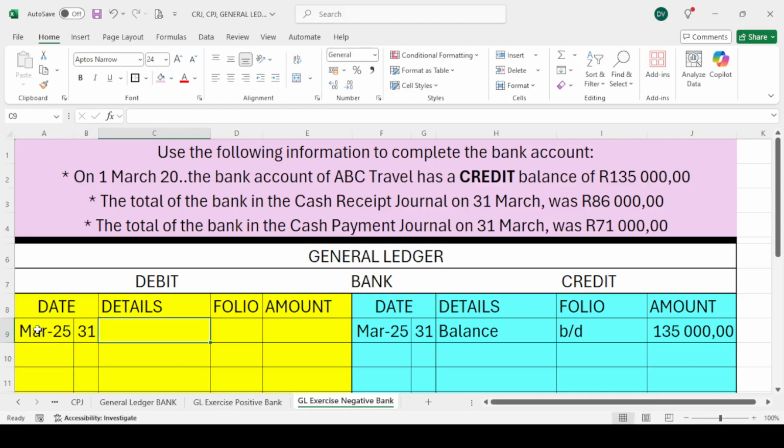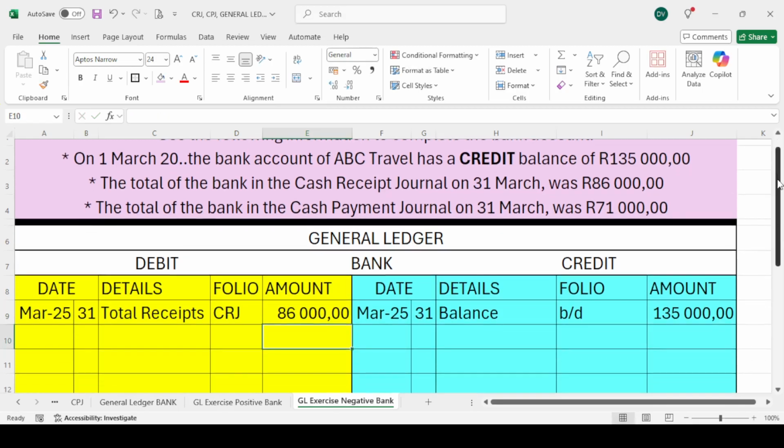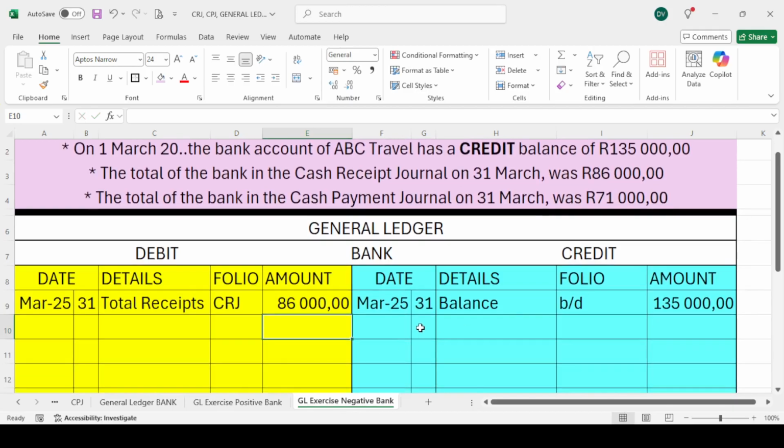On the 31st, my total receipts that I got from my CRJ was 86,000. And I have to now insert my cash payment journal information. On the 31st, my total payments that I got from my CPJ was 71,000.